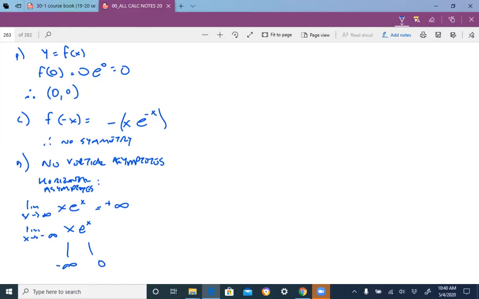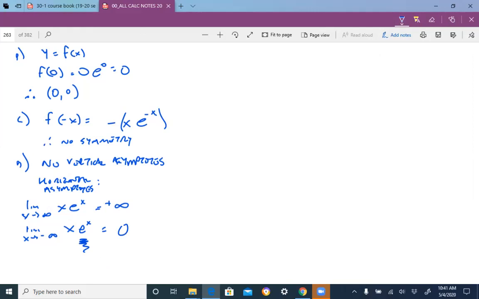Therefore, we have to think about this. We could do a numerical analysis and substitute some large negative numbers for x, so negative 100 times e to the negative 100, and we can see what's happening with this. What we'll do right now in this course is reason about which is happening faster, which is the more powerful term. This ends up being equal to 0, because e to the x is a bigger force.